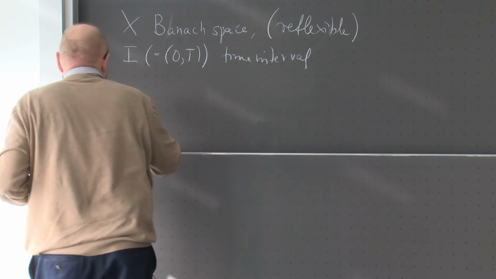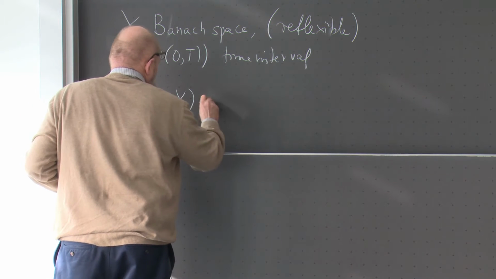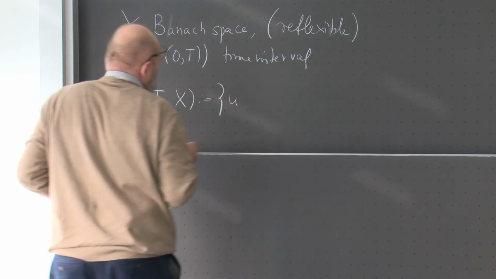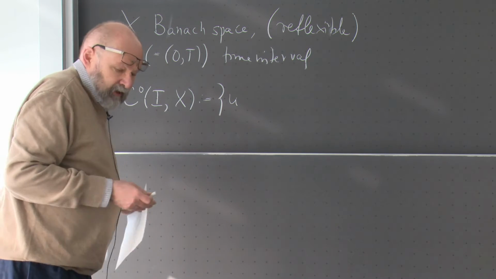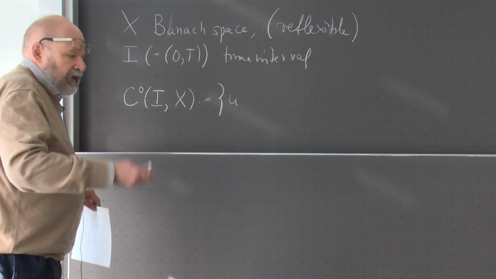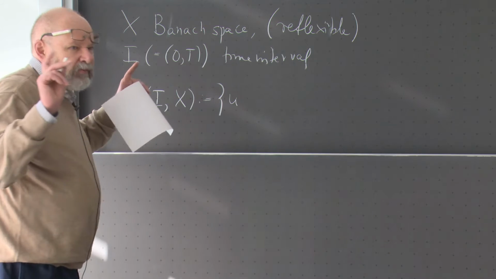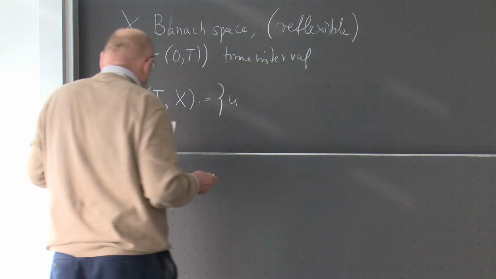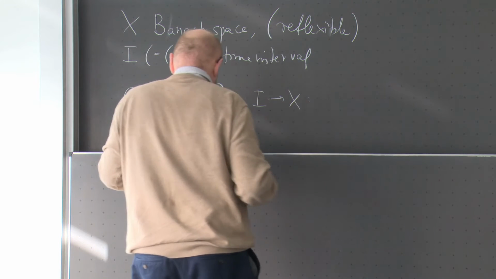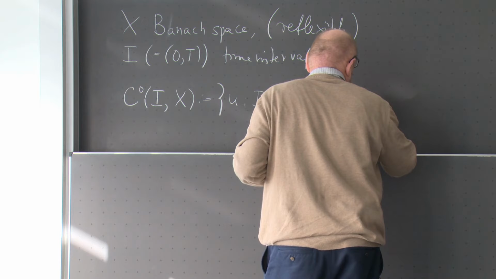And now we look at the space C^0 on I with values in X, which just means what we are used to. There's no new consideration concerning measurability necessary, because continuity is a notion which we can write down in general with Banach spaces, having two bars instead of one bar for defining the distance. So we have here all those functions which are continuous.